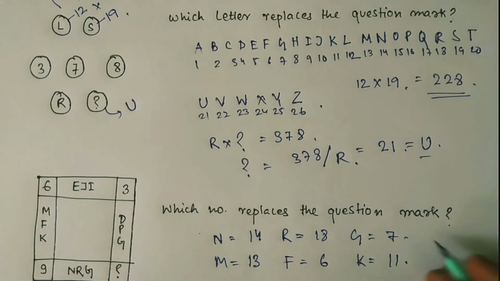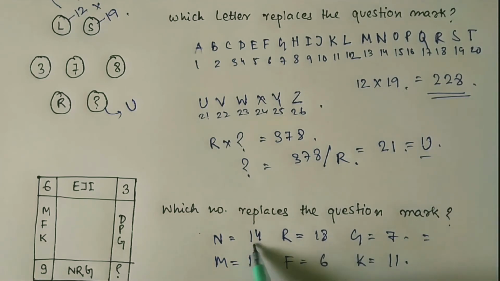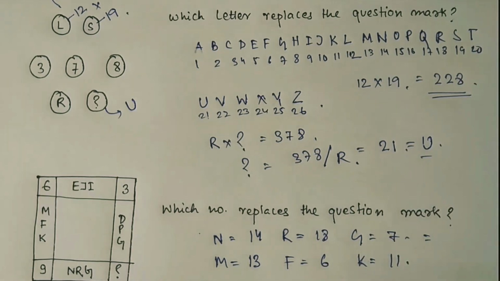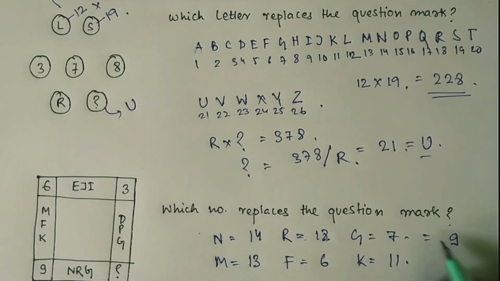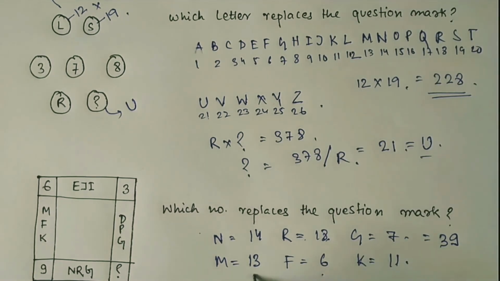Okay, so when you add this up, 18 plus 14 plus 7, let's add. It's 39, right? And here it becomes 11 plus 6 is 17, 17 plus 3 is 20, 20 plus 10 is 30.